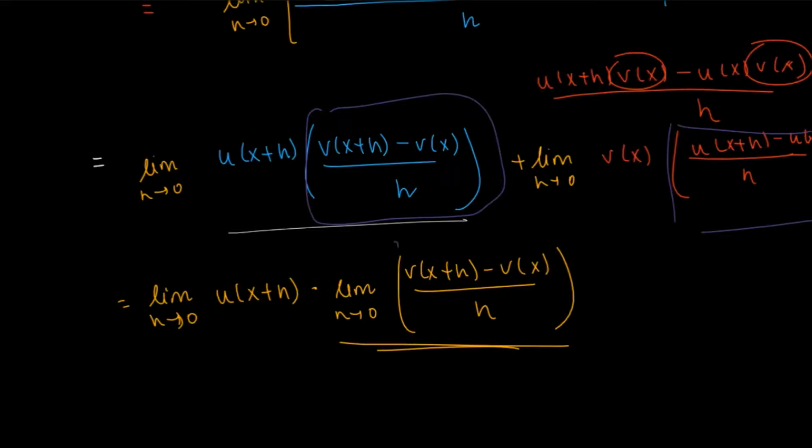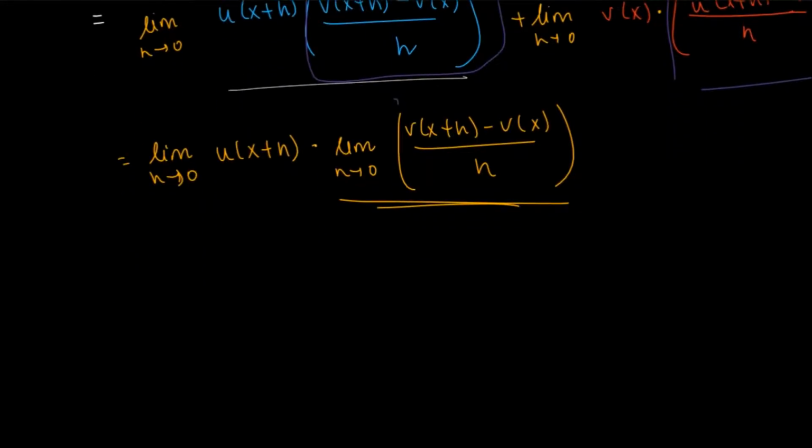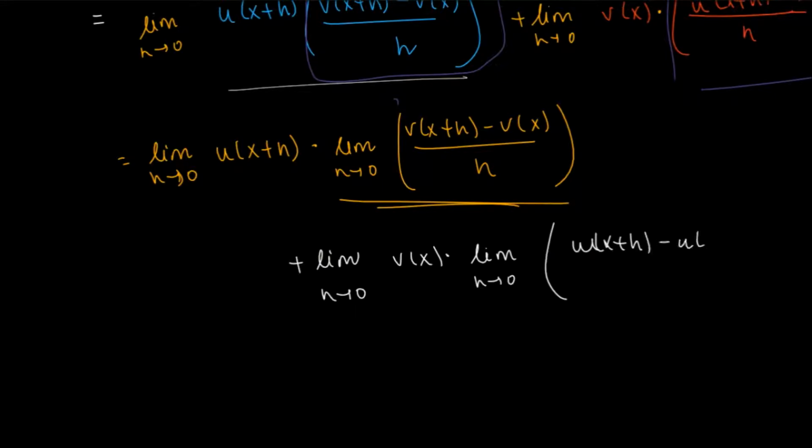And again, this is also the limit of a product. Let's write it as the product of the limits. So this just gives you the limit as h goes to 0 of v of x times the limit as h goes to 0 of u of x plus h minus u of x, all of this divided by h. And now this is pretty simple.